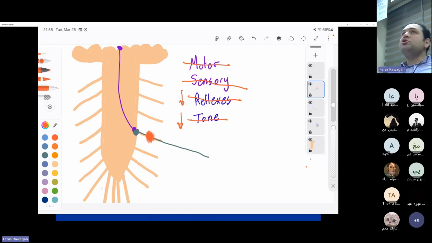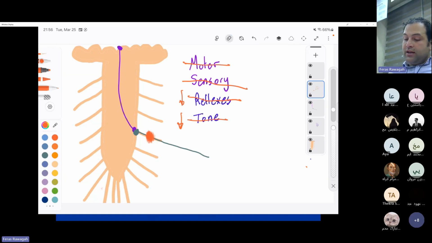The reflexes and the tone will not reach the effector because the connection between the spinal cord and the effector organ is interrupted, because the nerve or the nerve root is injured. This is called lower motor neuron sign. In this case, everything will be lost: the motor, the sensory, the reflex, the tone.